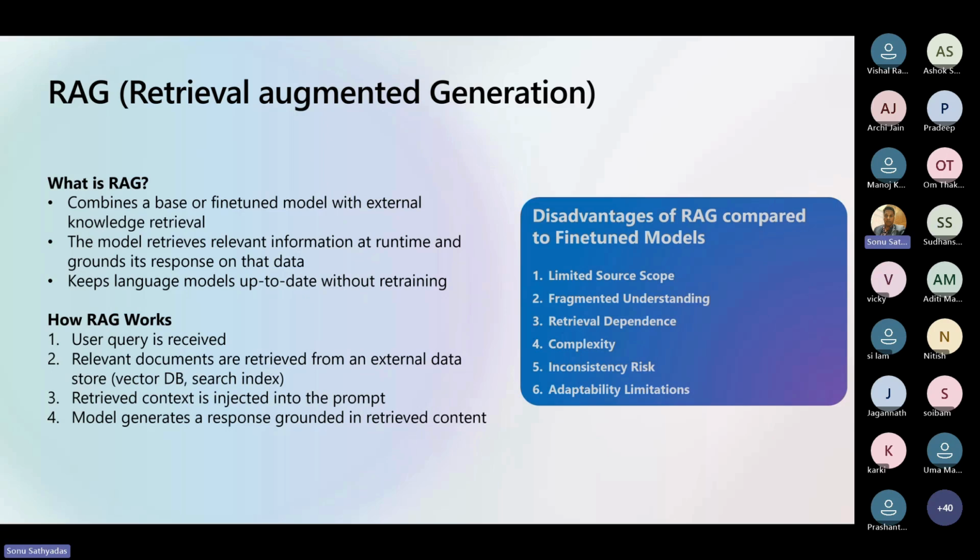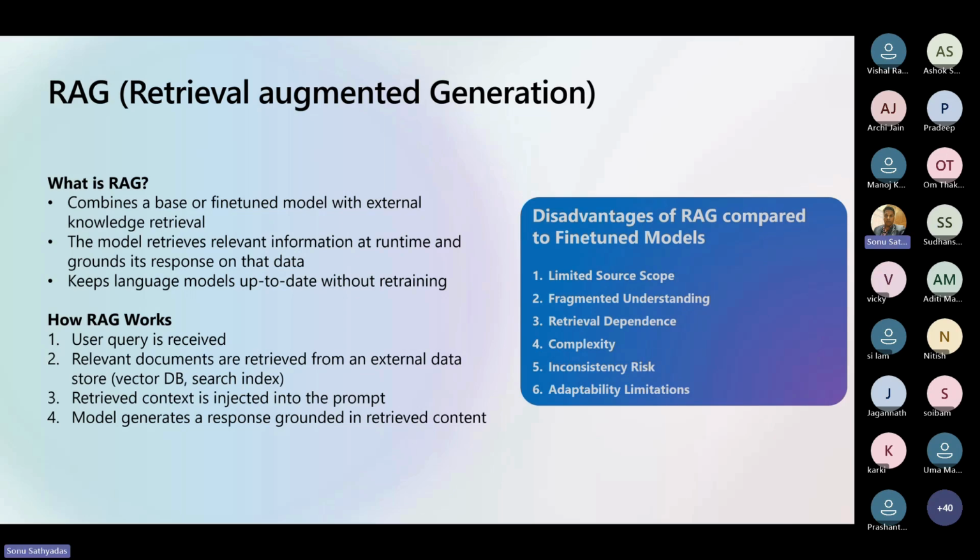So the response quality always depends on the retrieval process. Retrieval means the search process. So if the search operation is not retrieving the complete information from the database, the model cannot generate a complete response, because the response is always generated based on the search result.